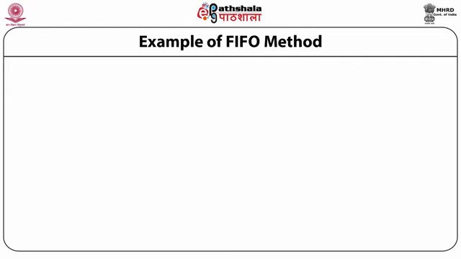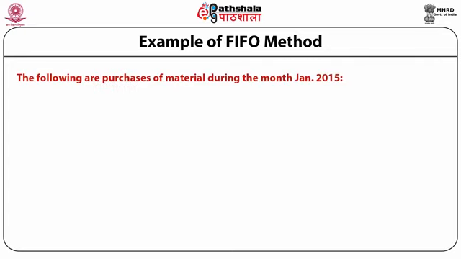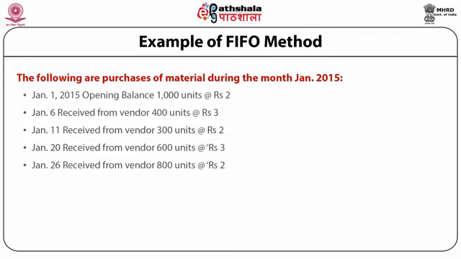The FIFO method can be clarified with the help of an example of the purchases of material during the month of January. On 1st January, the opening balance of material was 1000 units at the rate of 2. On 6th January, it received from the vendor 400 units at the rate of 3. On January 11, it received 300 units at the rate of 2.